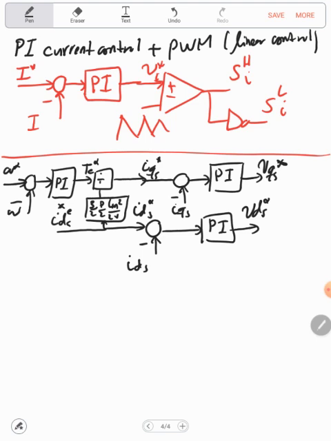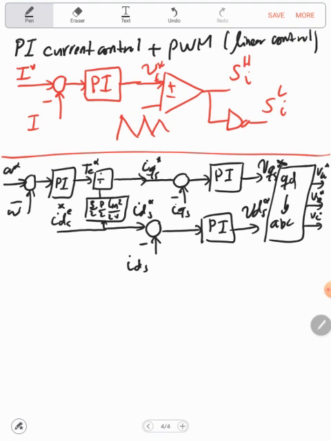And you know, the machine can't understand the QD reference frame. The machine only can understand the machine variable, the ABC reference frame. So here we need to do the transformation from the QD to the ABC, and now we can generate VA star, VB star, and VC star. Now VA star, VB star, VC star will go through the pulse width modulation in order to generate the gate pulse.